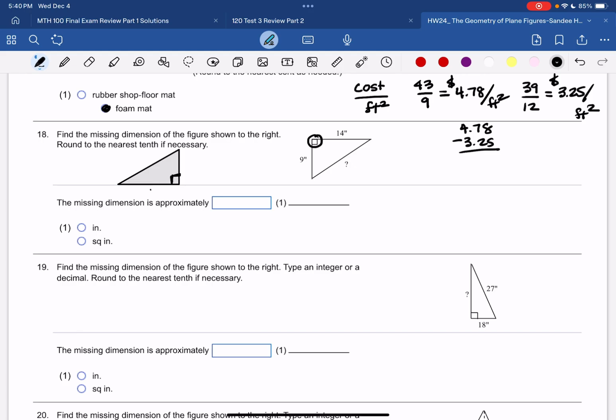What it says is that a squared and b squared, that you've got sides of a, b, and c, and that a squared plus b squared has to come out to c squared. This is called the Pythagorean theorem.